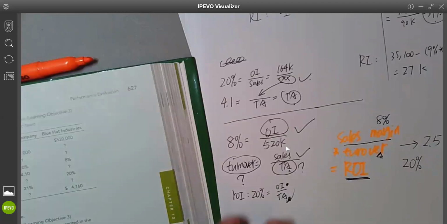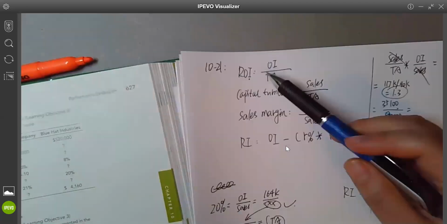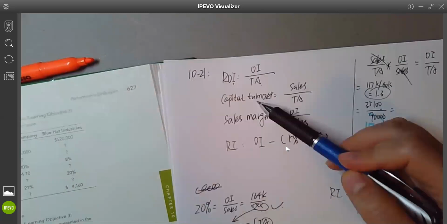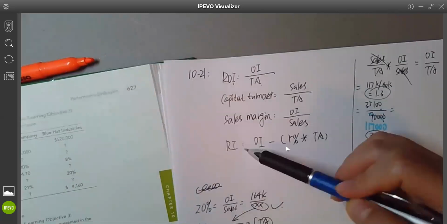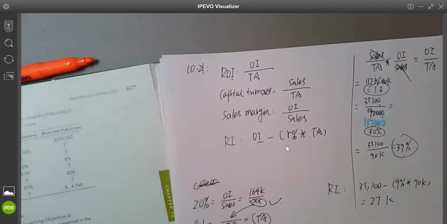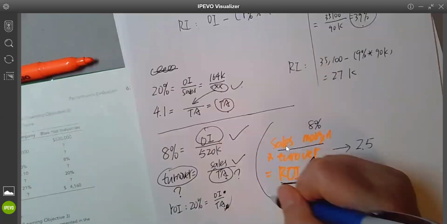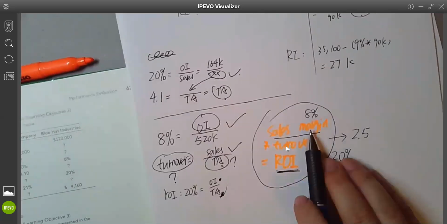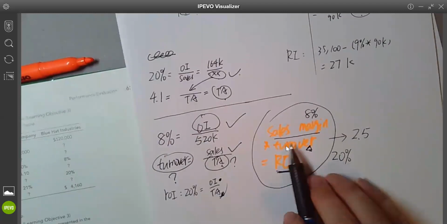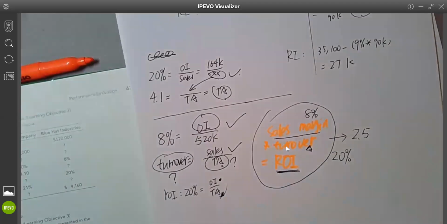So you need to know all these ratios here: ROI, capital turnover, sales margin, RI. I really think if we have an open book, I don't worry too much. I assume all of you should know this calculation. The only new thing we learned in this video is that your sales margin times your capital turnover equals ROI.